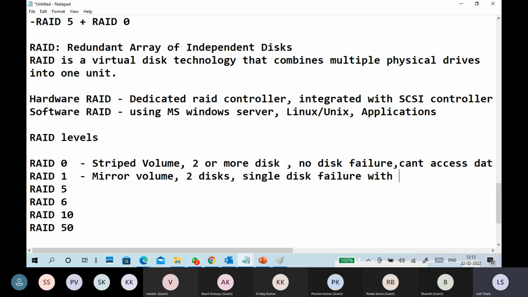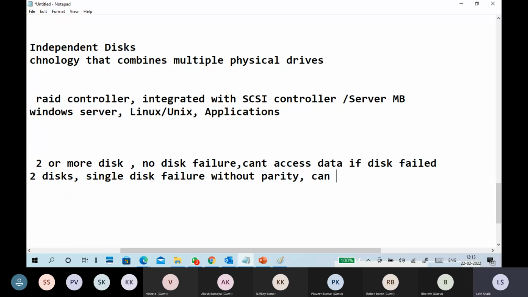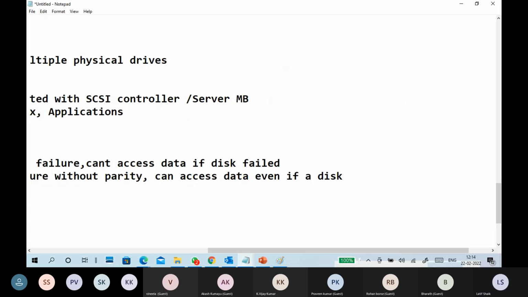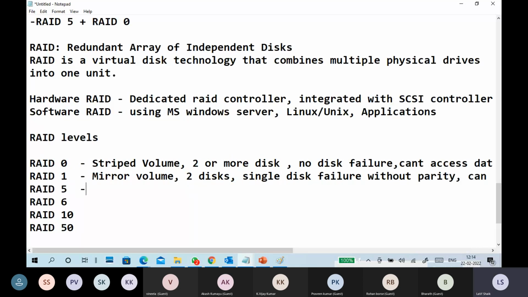Single disk failure with parity. You can access data even if a disk fails. RAID 5.